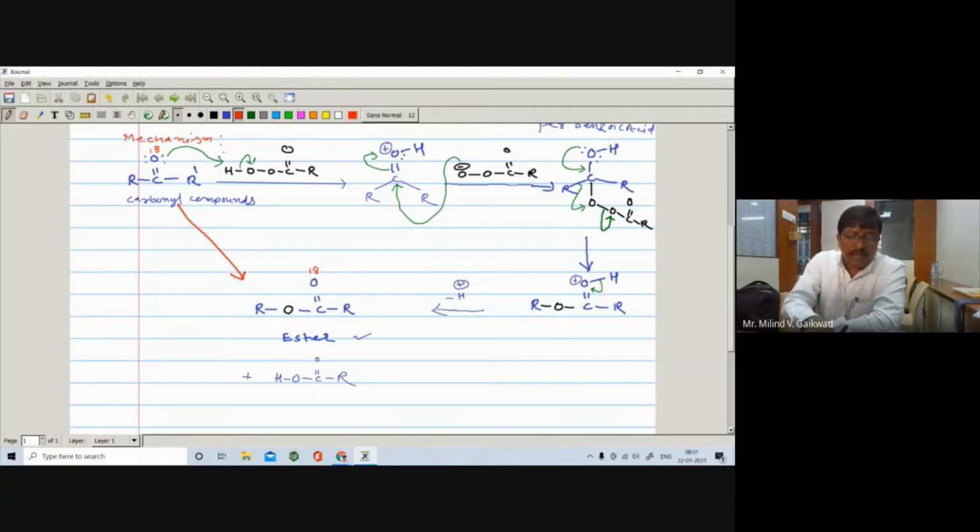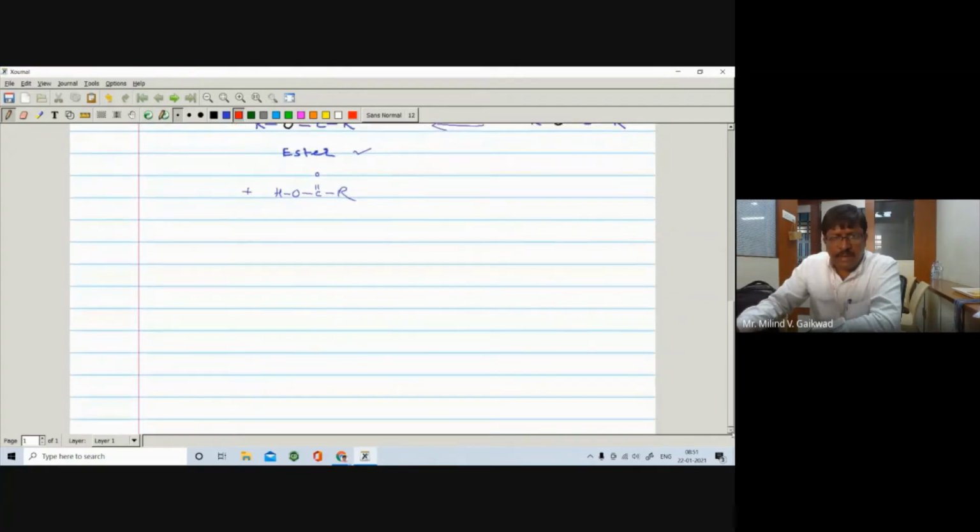Now suppose I write another example. First I'll correct the example, and then we'll go on to some other type of mechanism.